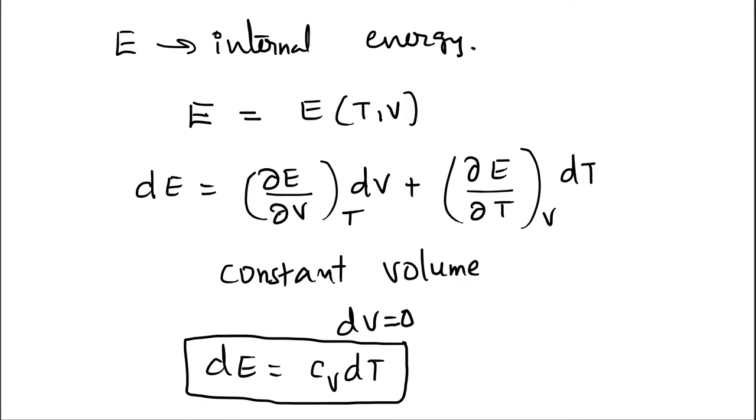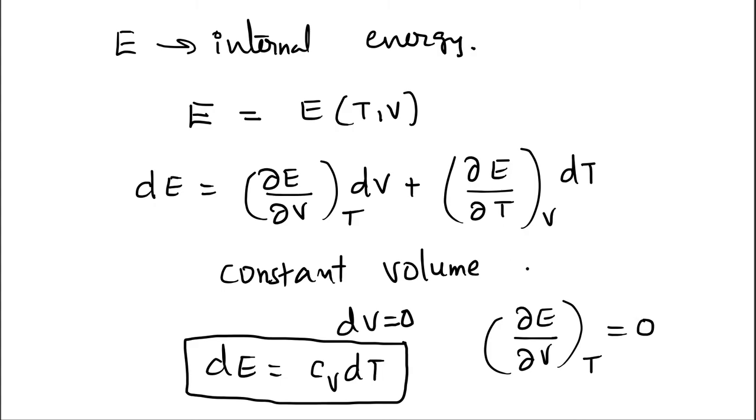Therefore, to show internal energy is independent of volume, we must prove this one equal to 0. So that means dou E over dou V at constant temperature is equal to 0. There will be no change in internal energy when the gas undergoes expansion or compression.